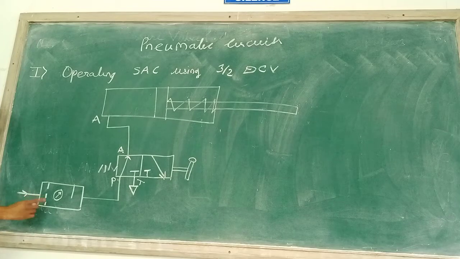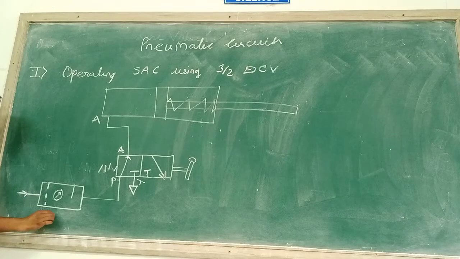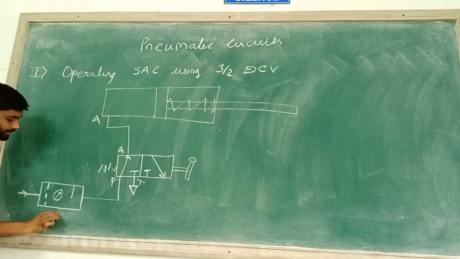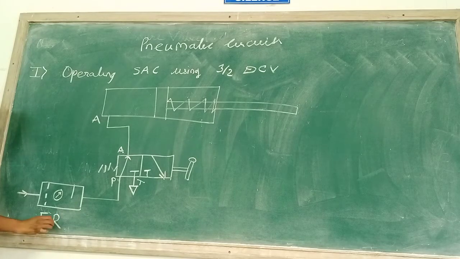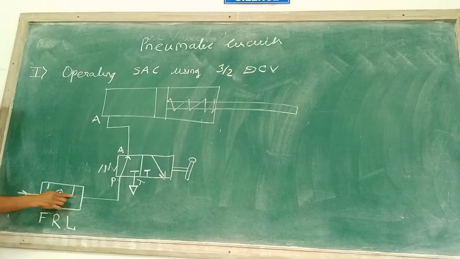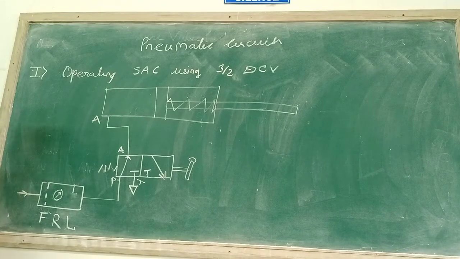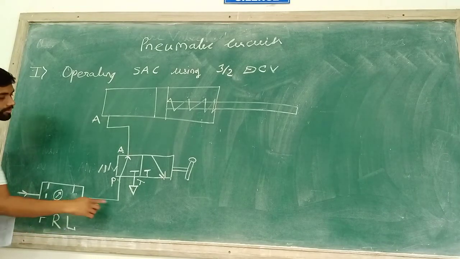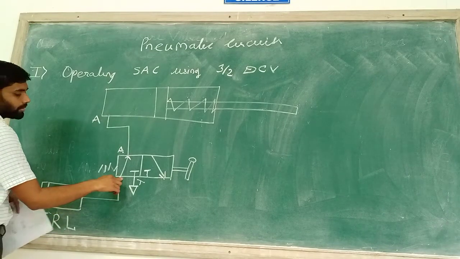It then goes to this filter where we remove the unwanted foreign materials from it. Then here we regulate it, which means we make sure of the pressure. And here the lubricator. The lubricator adds some lubricating oil in the air. Then this is connected to the port P.